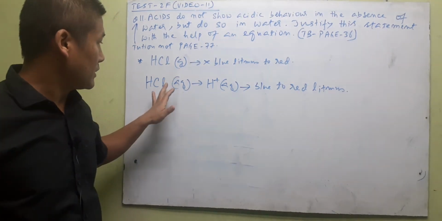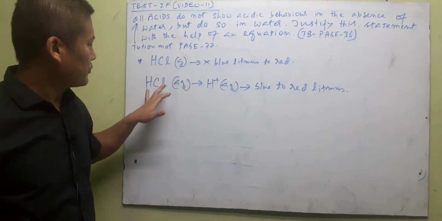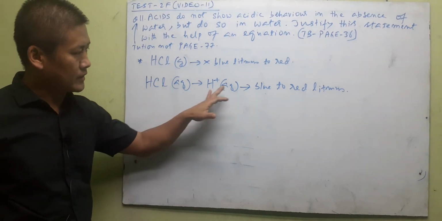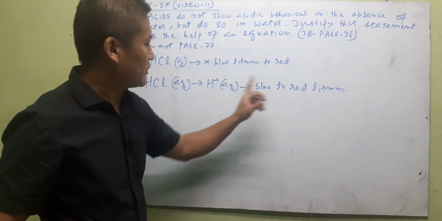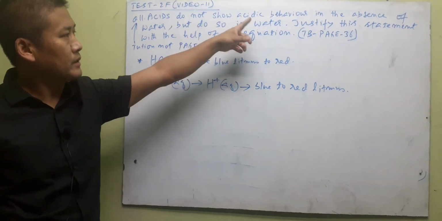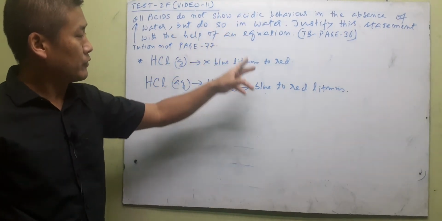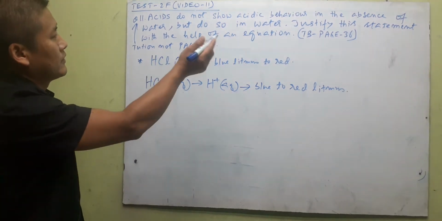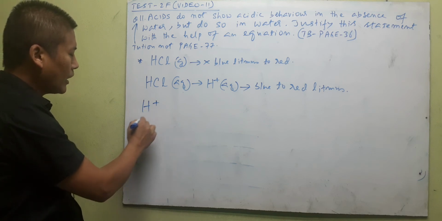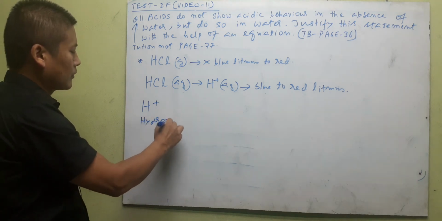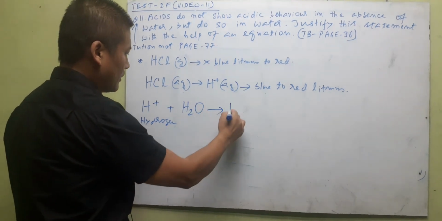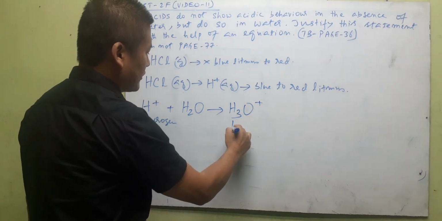But once the same thing which could not release H+ is put in water, immediately it releases, and the hydrogen chloride dissolved in water is able to turn blue litmus to red because the hydrogen ion has been released. So that's why acids do not show acidic behavior in the absence of water, but do so in water. Now justify with a chemical equation. So here H+, this hydrogen ion, will show the acidic behavior only when it dissolves in water, because only then the hydronium ion is formed.